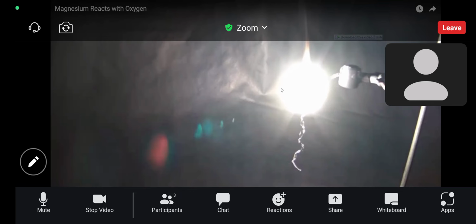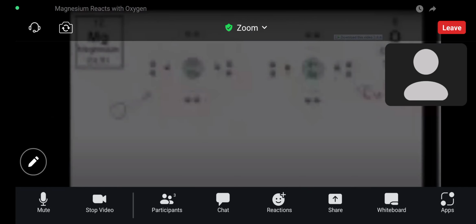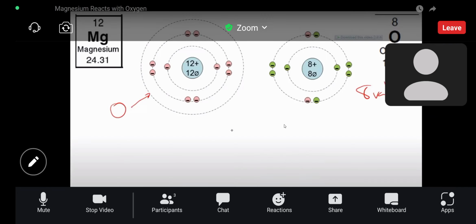White fume. And at the end you will end up with white ash, that is magnesium oxide. So the observation is it burns with white fume. The chemical equation I already explained: magnesium plus oxygen gives MgO. This is solid, this is gas, this is also solid. After writing the chemical equation you have to balance it, 2 and 2.